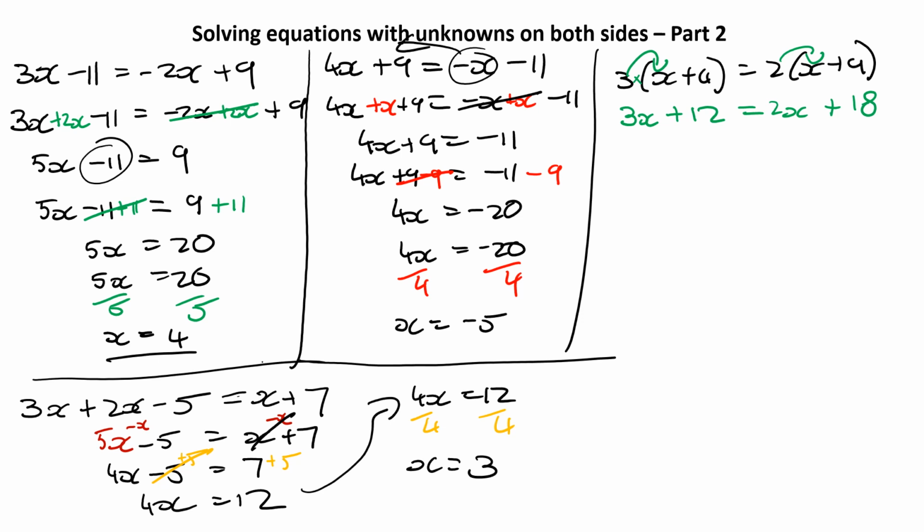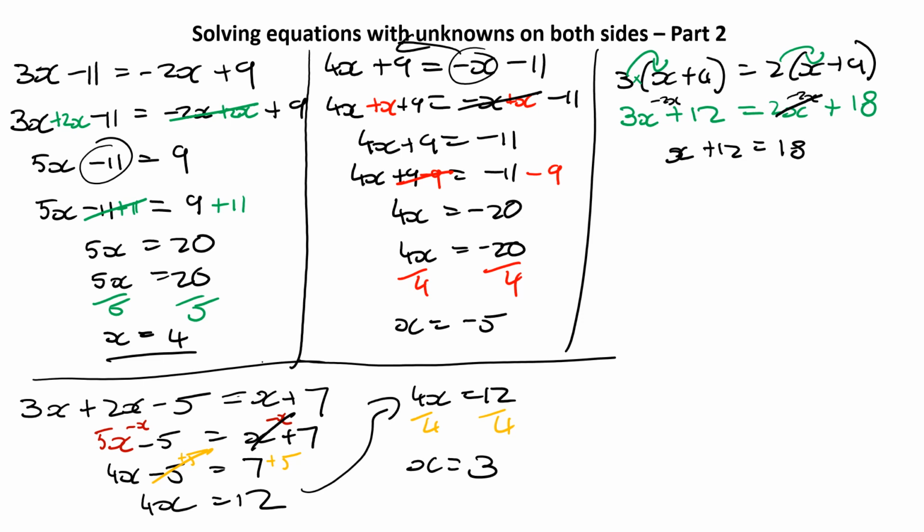So I've expanded the brackets, and we just do what we've been doing before. We move that across, minus 2x, so I'm left with x plus 12 equals 18. Oops, I wrote 3x there, but I meant x.